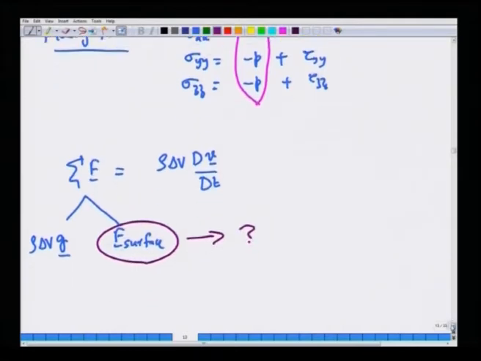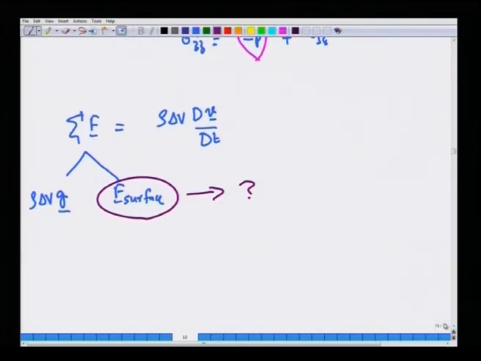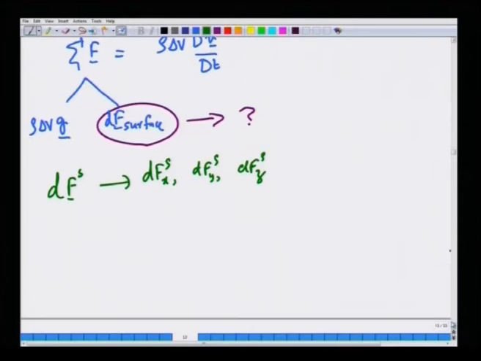So, now we have to write down the net surface force in the x, y and z directions. Since it is an elemental area, we call it d f s. It is a vector, with components d f s x, d f s y, d f s z along the 3 coordinate directions.